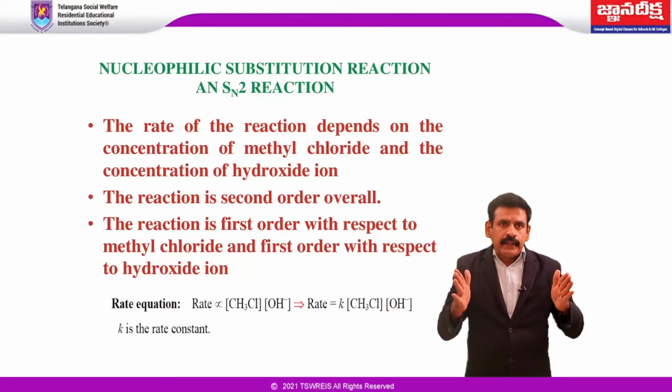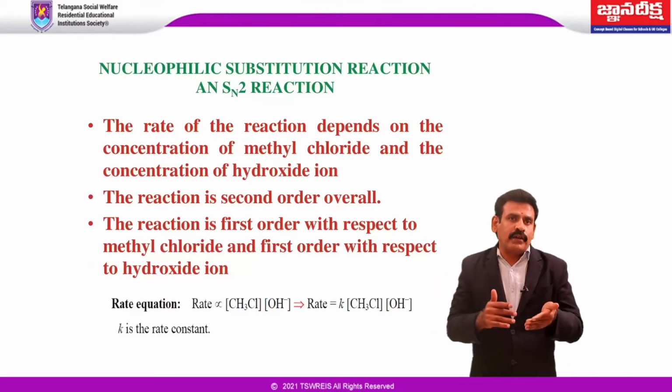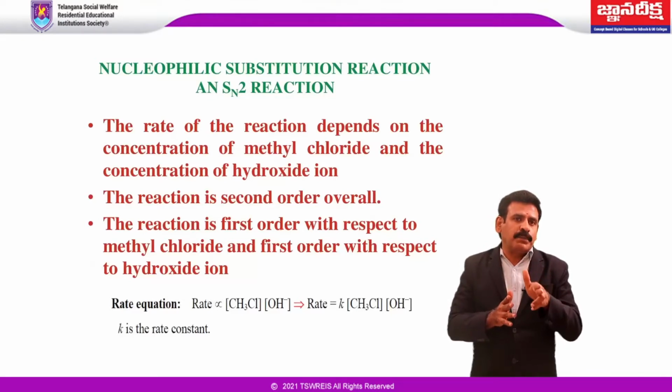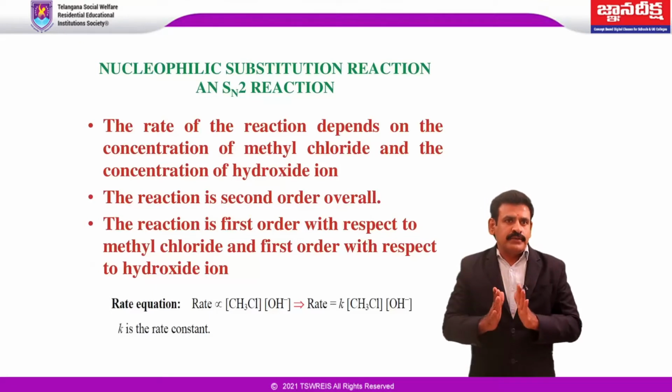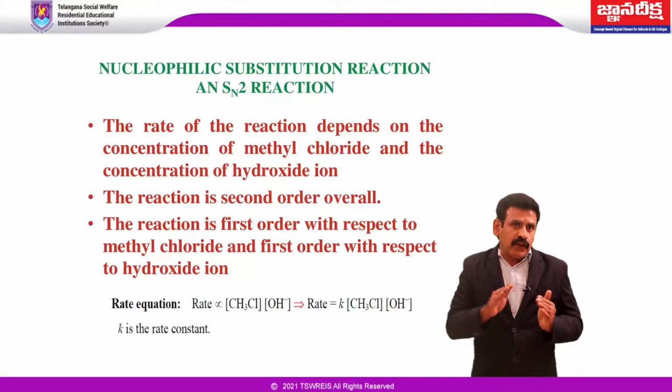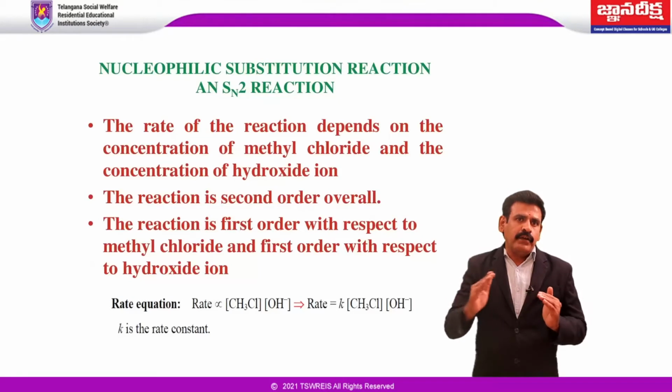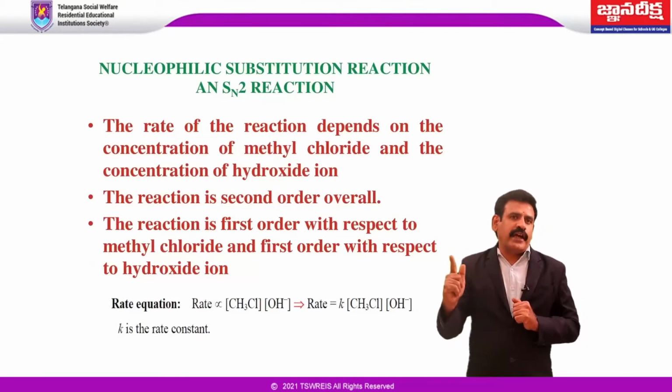The reaction is second order overall. The rate of reaction depends upon both the substrate and the nucleophile. The reaction is first order with respect to methyl chloride and first order with respect to hydroxide ion.